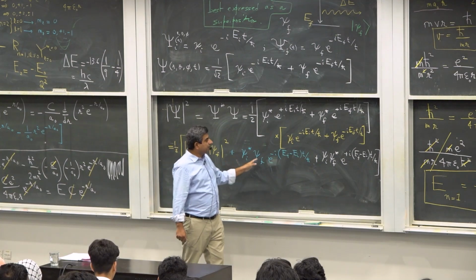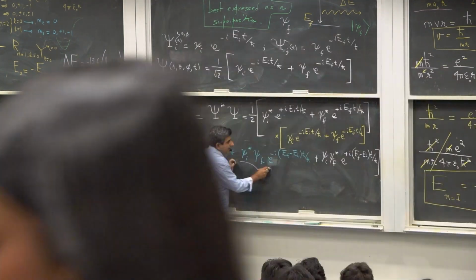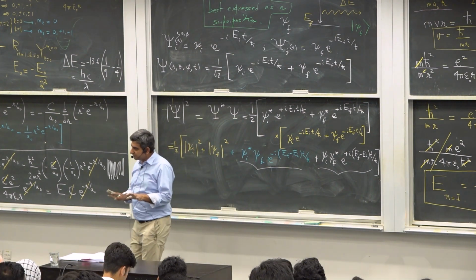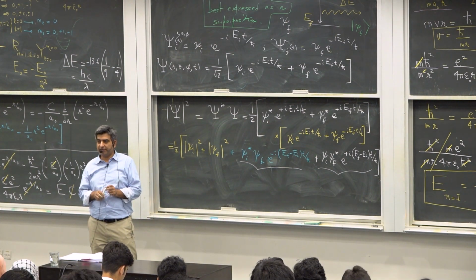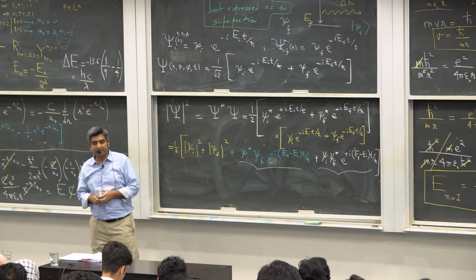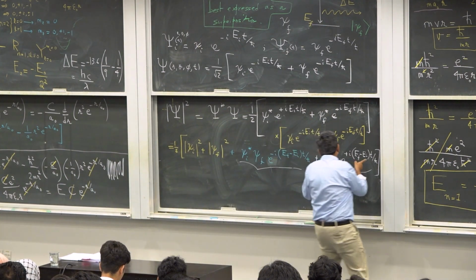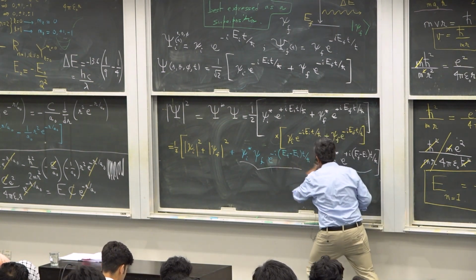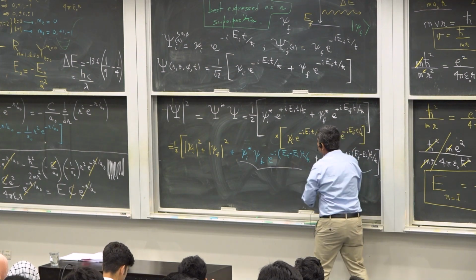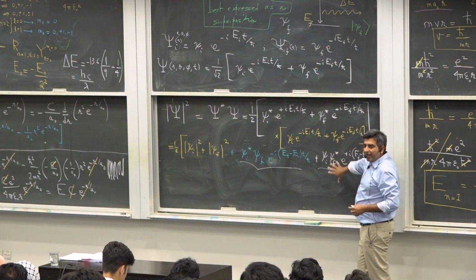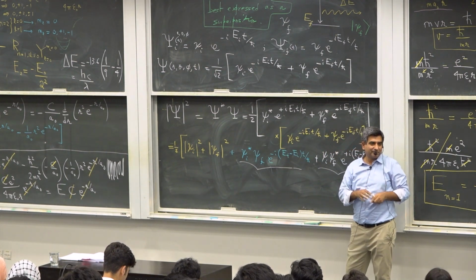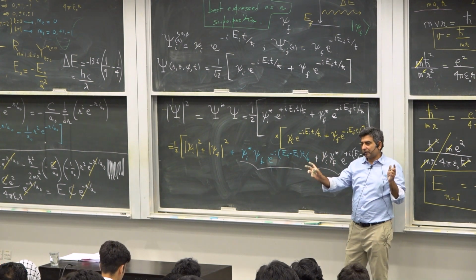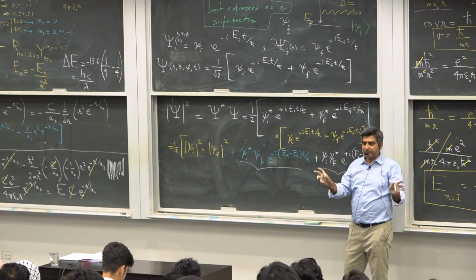Now this term here and this term over here, are they complex conjugates of one another? Yes, they are. So if I were to take this term and find its complex conjugate, I would get over here psi_i star psi_f, the complex conjugate of this. So now I have a term and its complex conjugate added up. So what will be the sum of a complex number and its conjugate equal to?